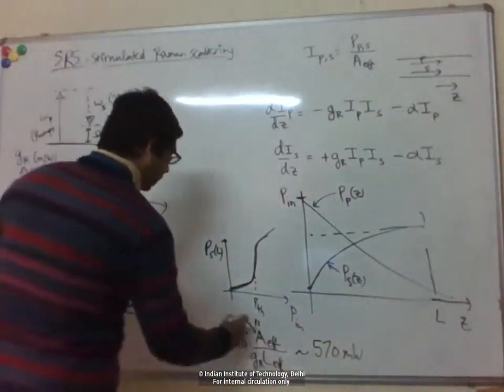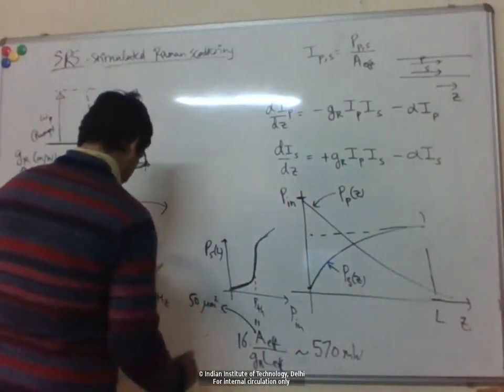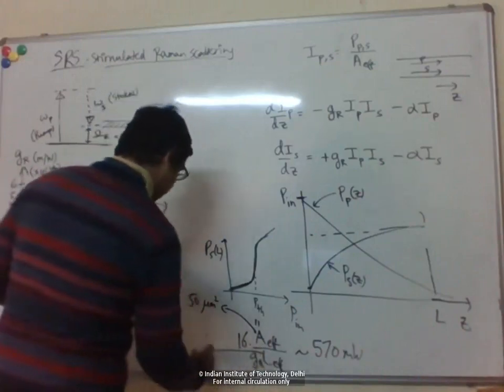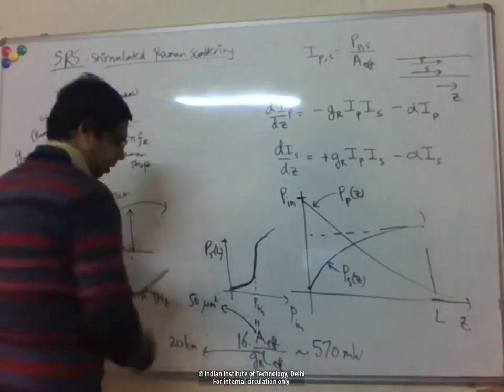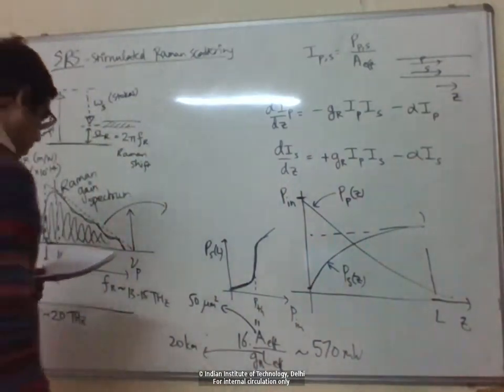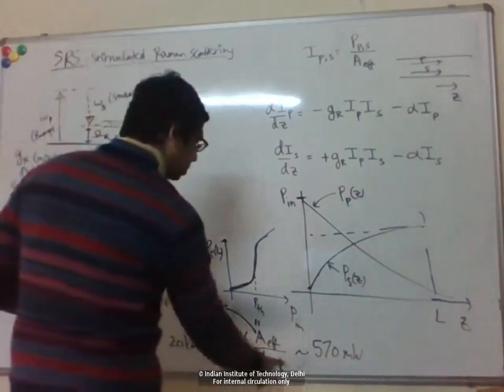Okay, so this is if you take A effective, let's say 50 micron square, L effective to be 20 kilometer, which is like 1 over alpha for 0.2 dB per kilometer. Okay, and this gR to be again 7 times 10 to the minus 14.